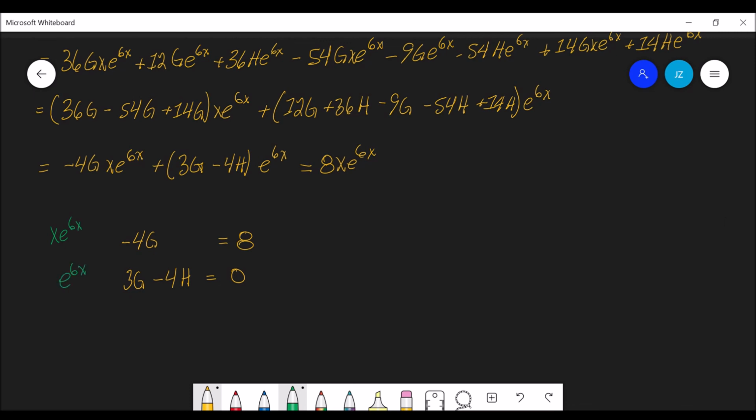This is just our e to the 6x because I'm adding a 0e to the 6x. Solve this system, and we find that g is negative 2 and h is negative 3/2. So our third particular solution is negative 2xe to the 6x minus 3/2 e to the 6x.